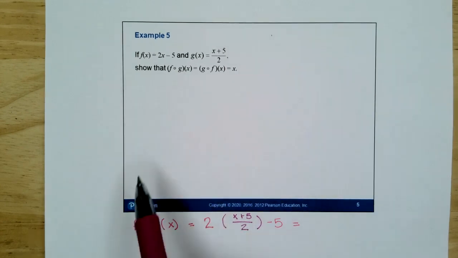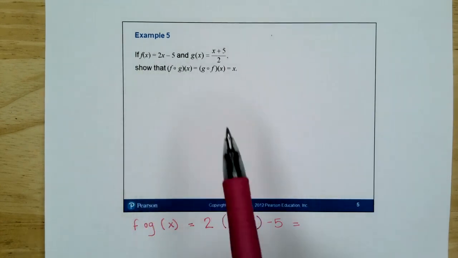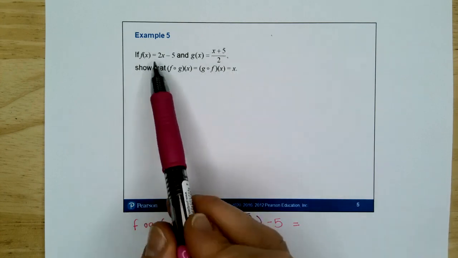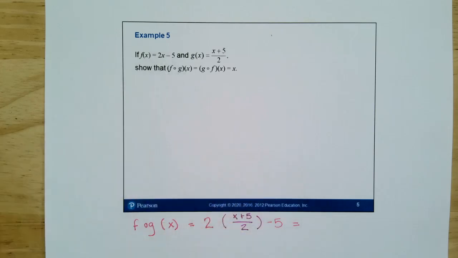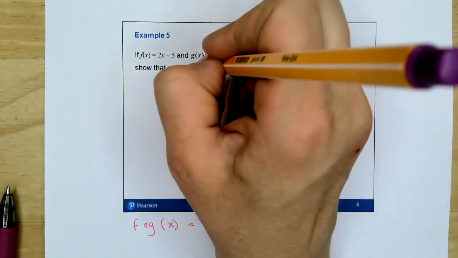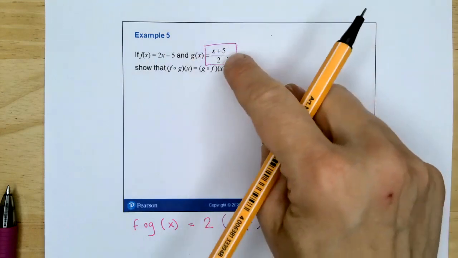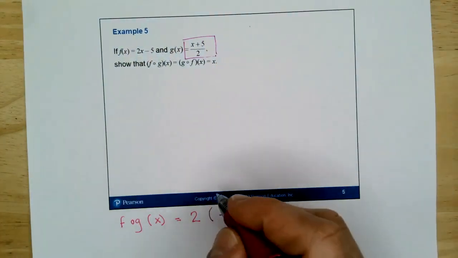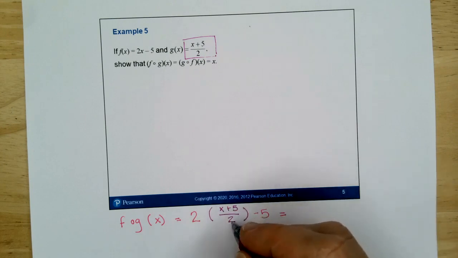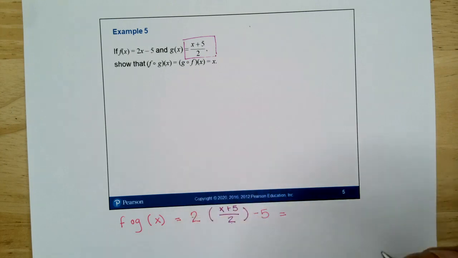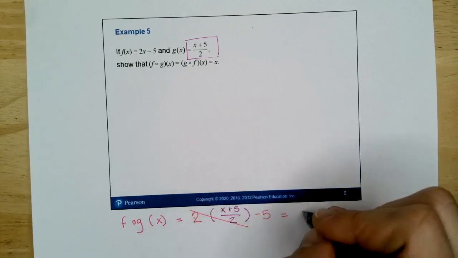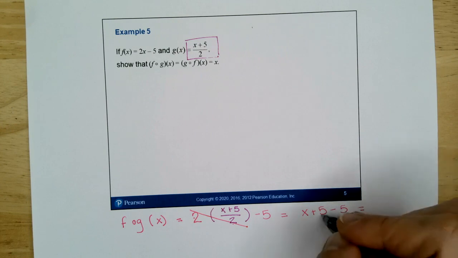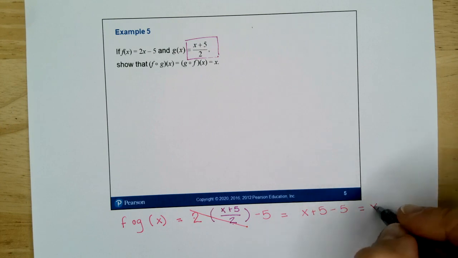So I took f, 2x minus 5, and I substituted in x plus 5 over 2 for the x. That went there, right? Now let's simplify it. Here, x plus 5 is being divided by 2 and then multiplied by 2, so those cancel. X plus 5 minus 5, the adding 5 and subtracting 5 cancel, and we just get x.